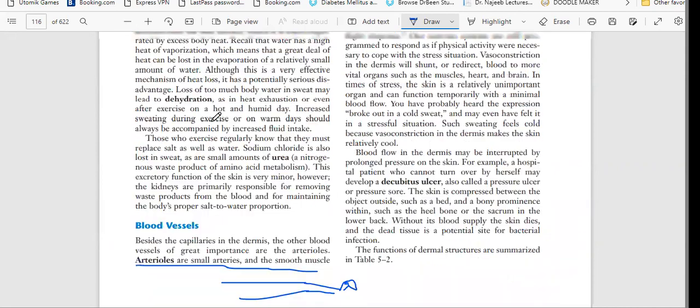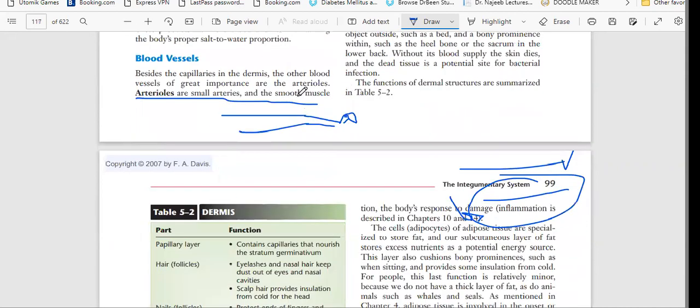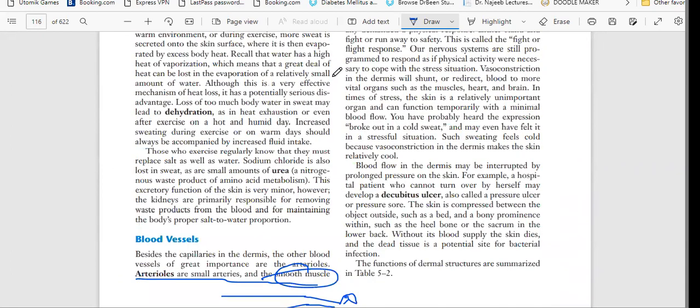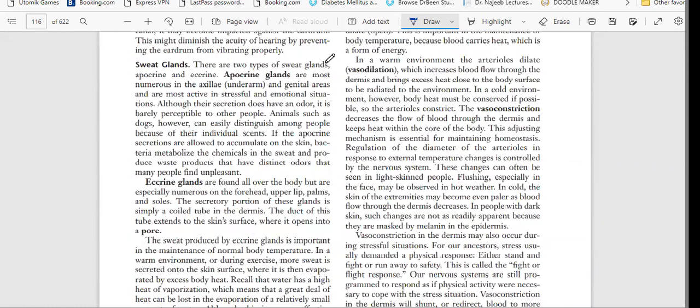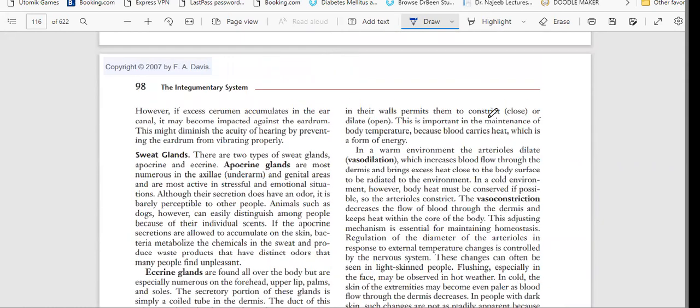Okay. So basically in the arterioles, there is smooth muscle. Smooth muscles have the capacity to constrict and relax. So that's the reason arterioles can dilate and constrict. Okay. So this is very, very important for us to constrict or dilate the arterioles. Why?